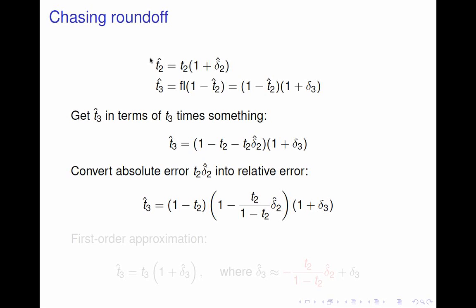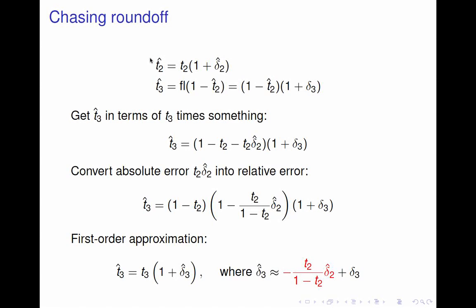And again, doing our first order error expansion trick, Taylor series by another name, we're going to write this as t3 hat equals the true t3 times 1 plus delta 3 hat, where delta 3 hat is now going to be minus t2 over 1 minus t2 times delta 2 hat plus delta 3.